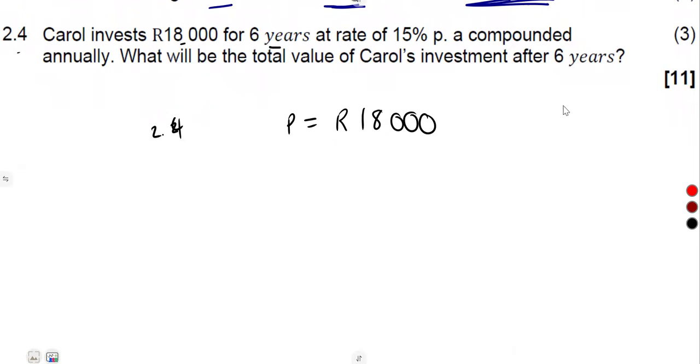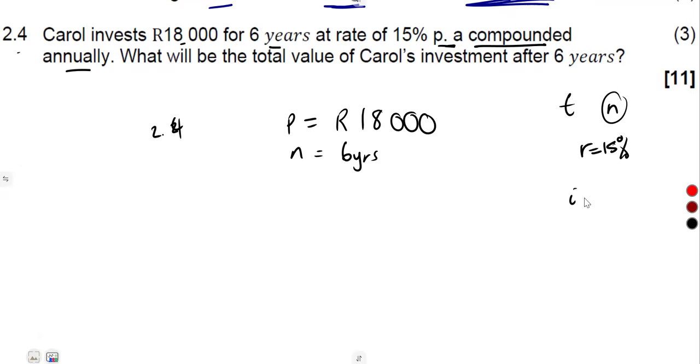The number of years can be represented by T or by N, depending on the formula that you're going to use. I'm going to use N for the number of years at a rate of 15% per annum, compounded what? Annually. That's a compound interest that you're going to use.